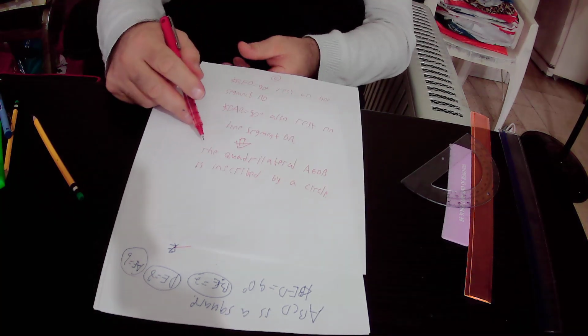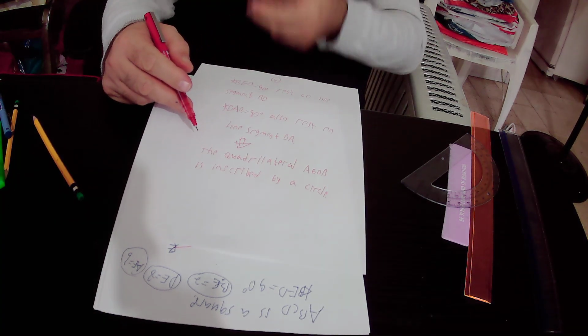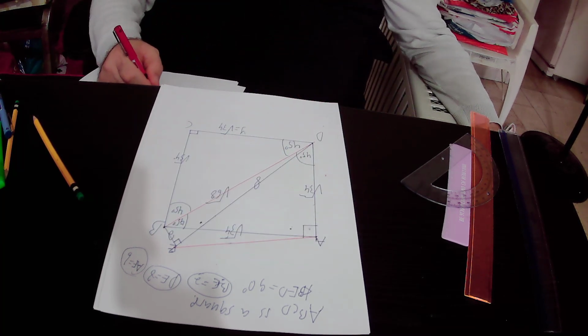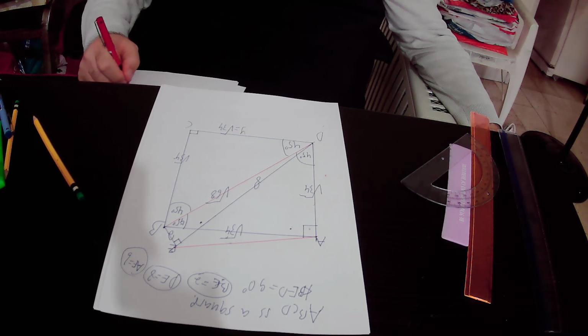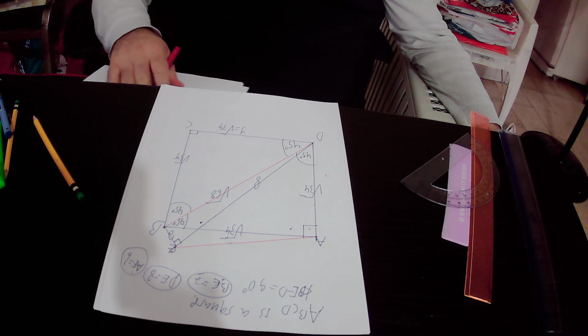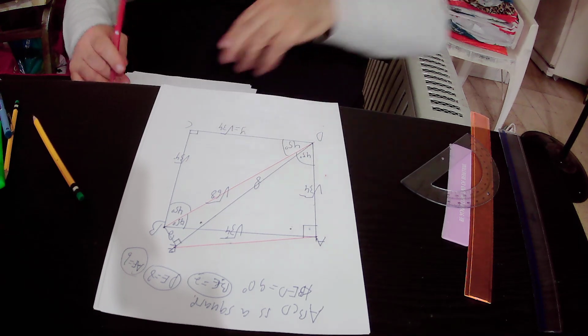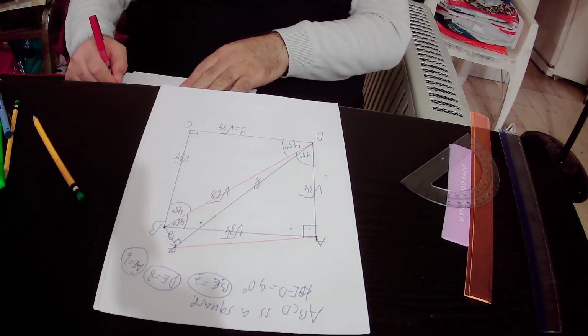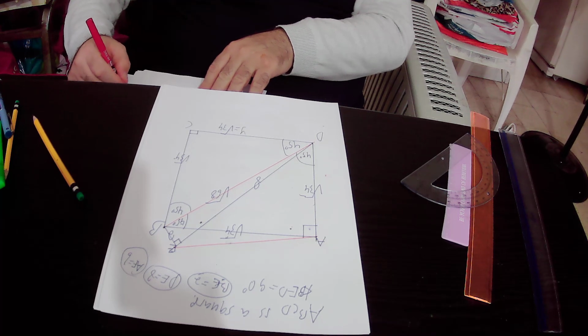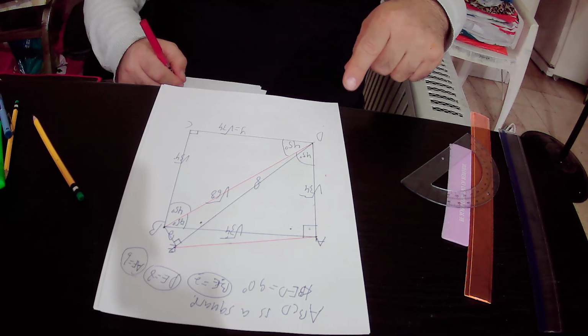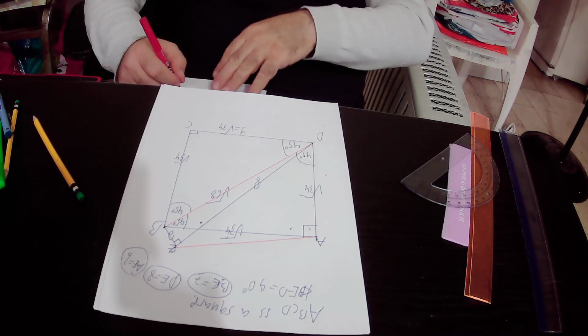Therefore, according to rule number 2, the quadrilateral AEBD is inscribed by a circle, and the 4 points A, E, B, and D rest on that circle.